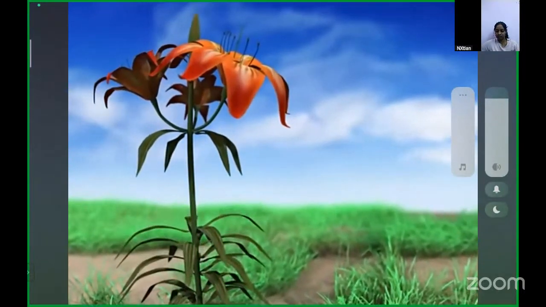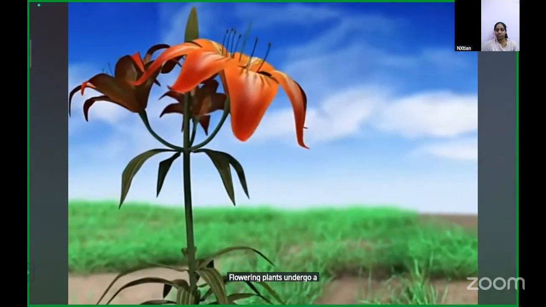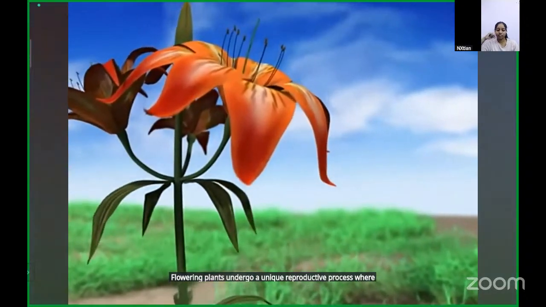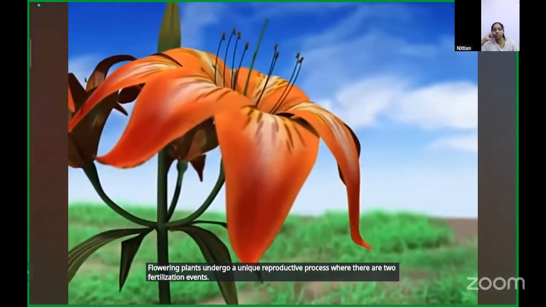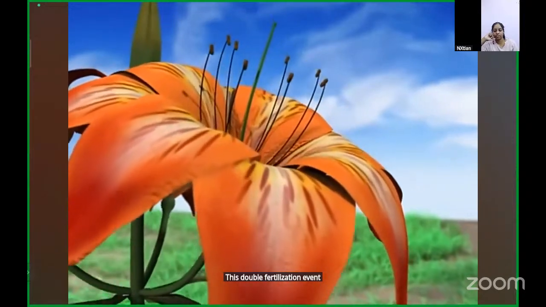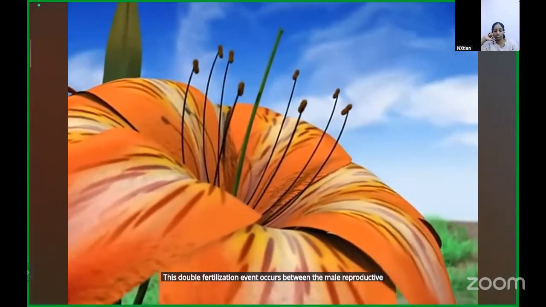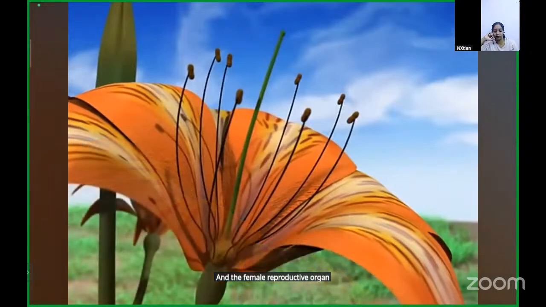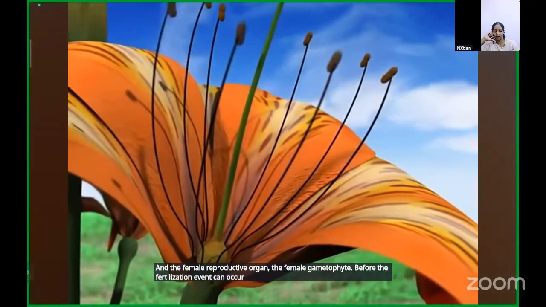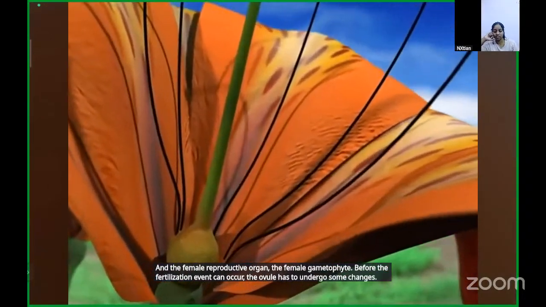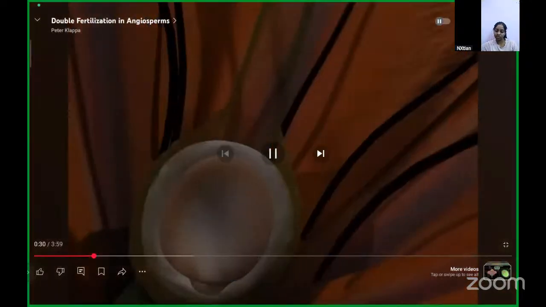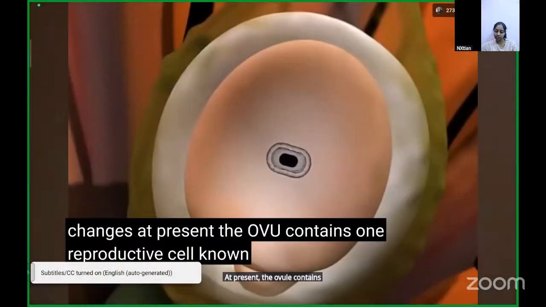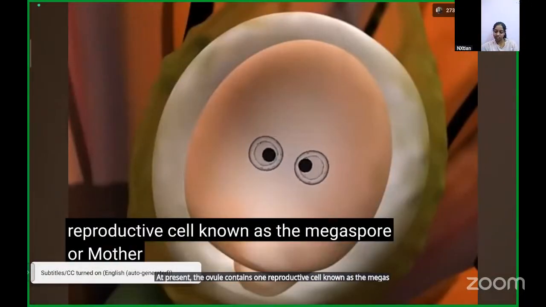Flowering plants undergo a unique reproductive process where there are two fertilization events. This double fertilization event occurs between the male reproductive organ, the male gametophyte, and the female reproductive organ, the female gametophyte. Before the fertilization event can occur, the ovule has to undergo some changes. At present, the ovule contains one reproductive cell, known as the megaspore or mother cell.